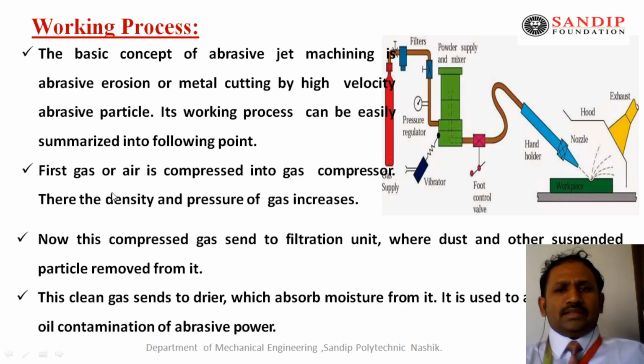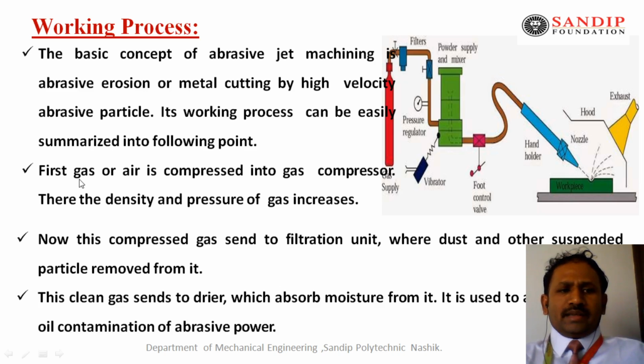So let us see that construction also here, because it's very simple for understanding. The basic concept of abrasive jet machining is abrasive erosion or metal cutting by high velocity abrasive particles.